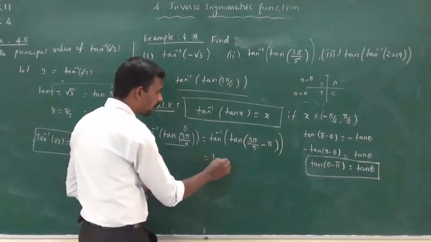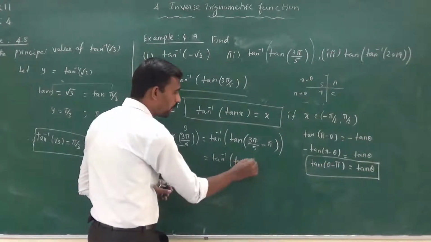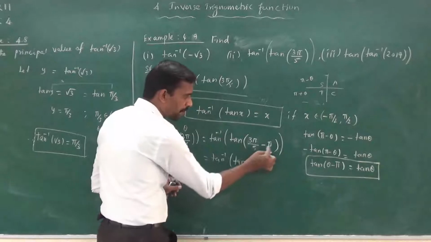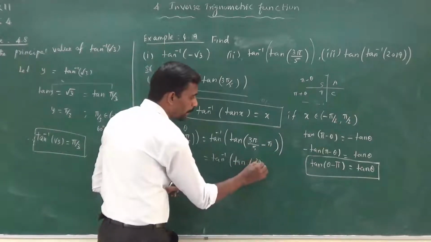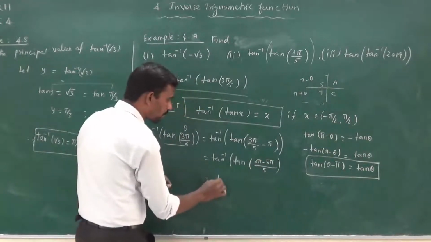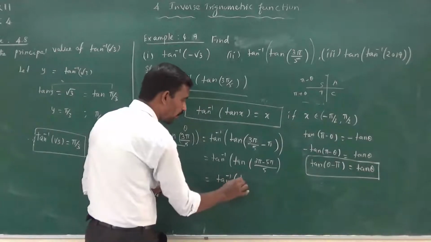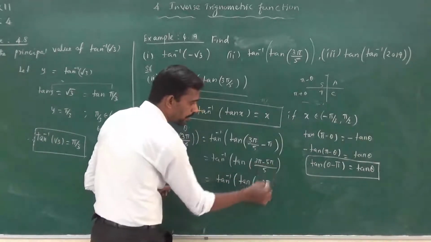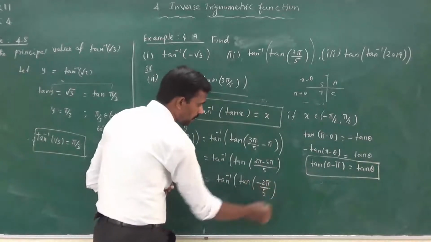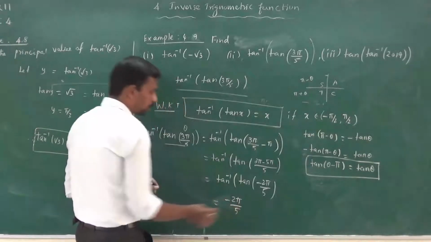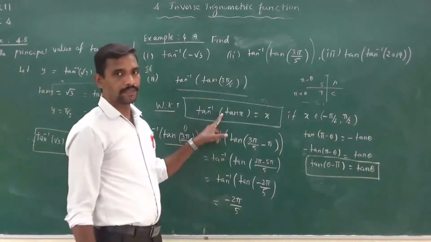So tan inverse of tan of, cross multiply, 3 pi minus 5 pi, that is nothing but minus 2 pi, divided by 5. So this is nothing but minus 2 pi by 5.